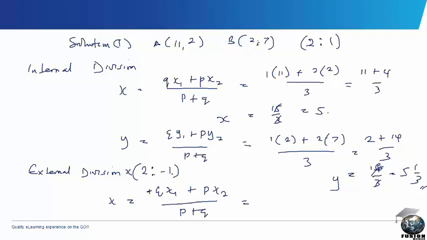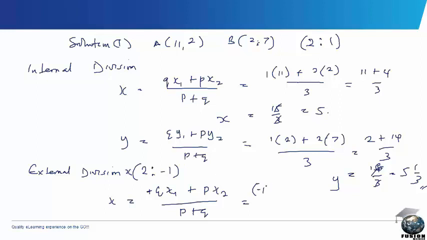Whenever you use minus q, do not put a negative sign here, but if you are using q, you can change this to positive, so you don't confuse yourself.